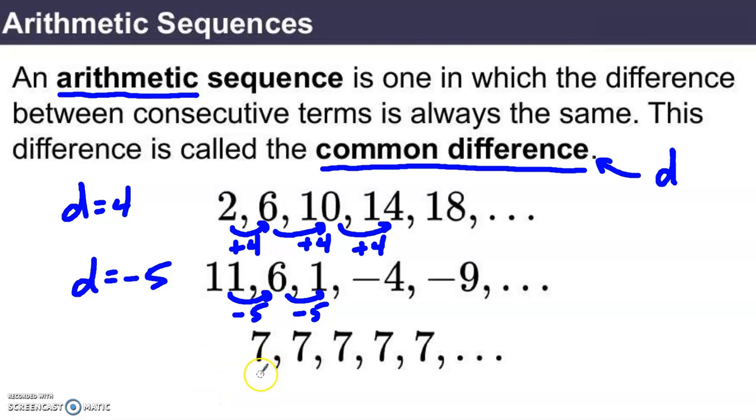I guess you could say it is, because you could add 0 each time. For the sequence 7, 7, 7, 7, 7, the common difference is 0. Now it's worth pointing out that for a sequence, the sequence goes on forever. The ellipsis implies that this trend will continue.